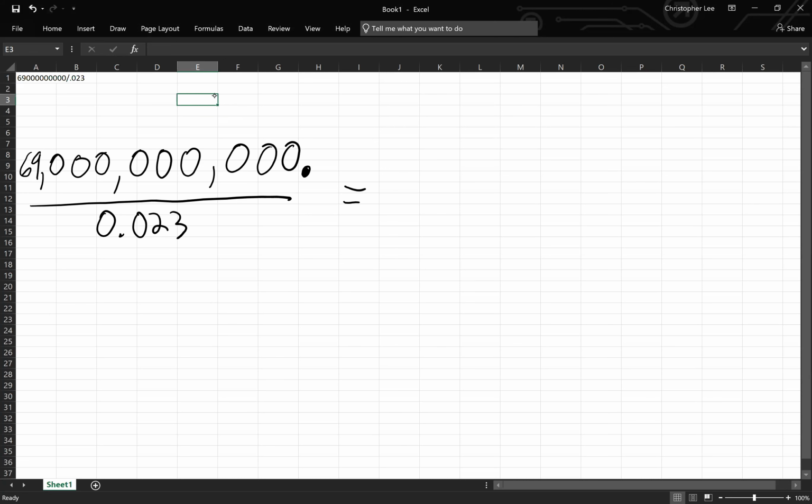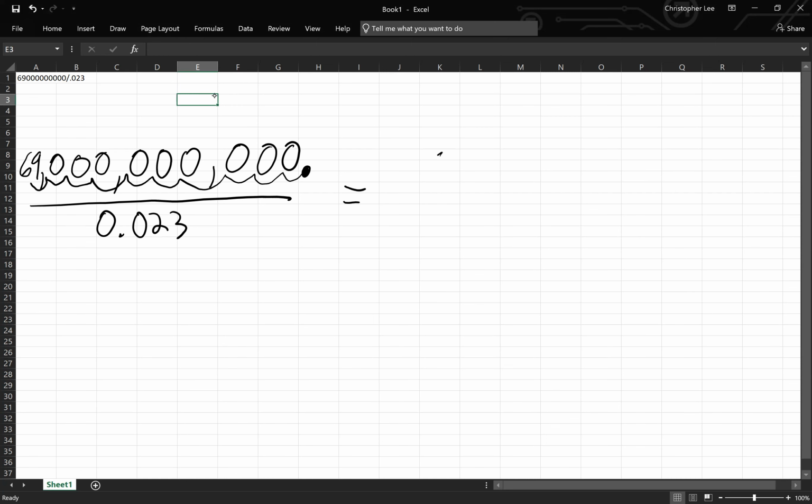I'm just looking at the numerator now, the top number. There's a decimal point at the end. I'm going to count how many places I have to go before the first number is between 1 and 9, so I'm including 1 and 9. So let's go. 1, 2, 3, 4, 5, 6, 7, 8, 9, 10.